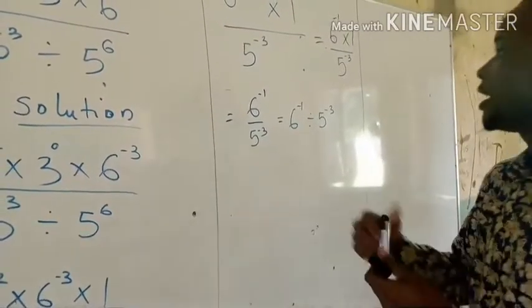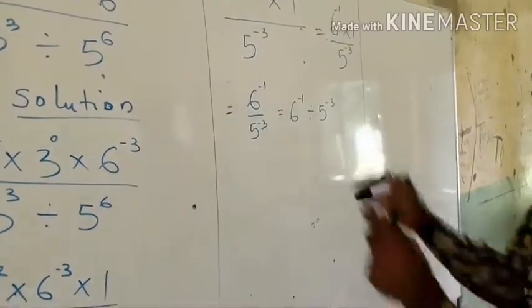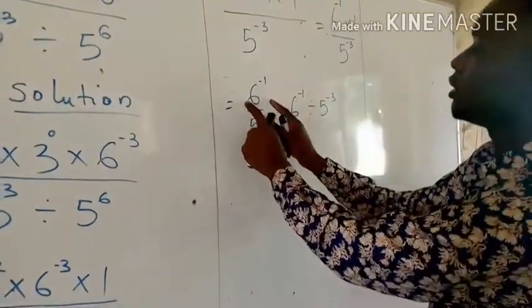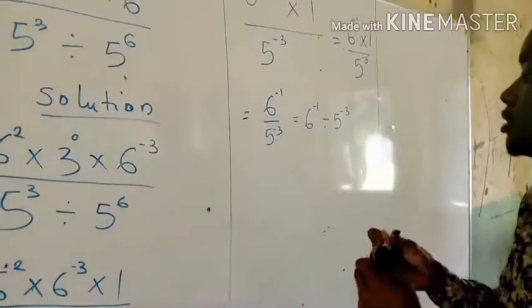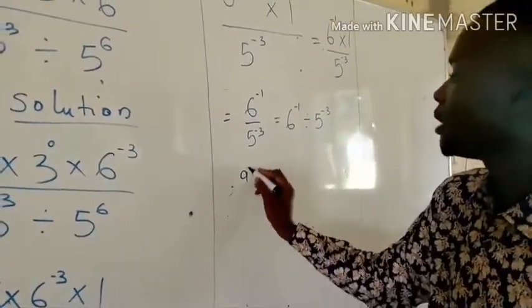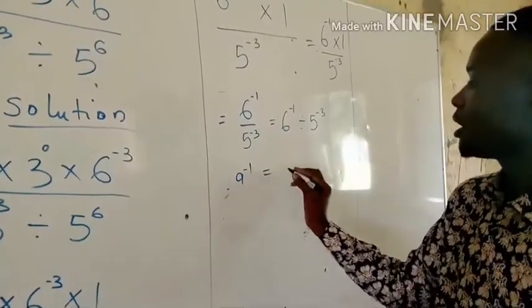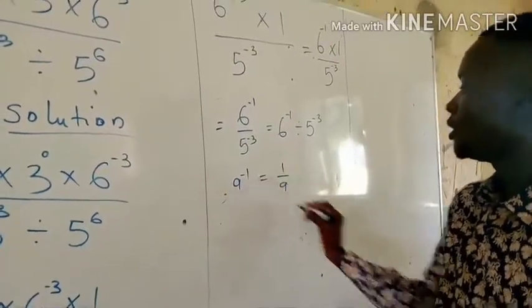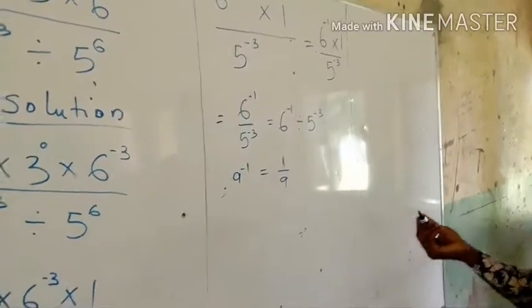Now, from our indices law, the negative power tells us to do what? Negative power says when you have a raised to the power minus 1, it is the same as 1 over a. Is that not what the negative power indices law told us?